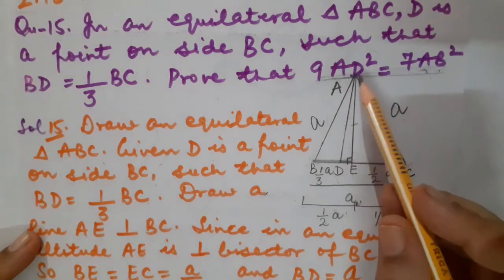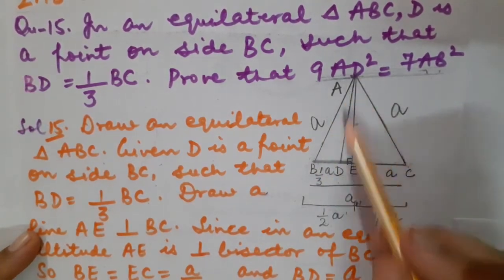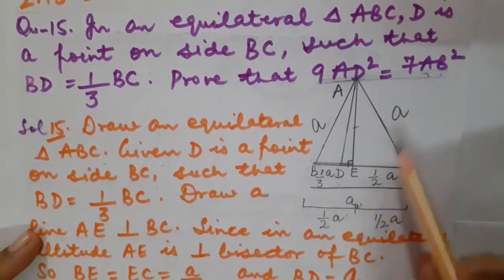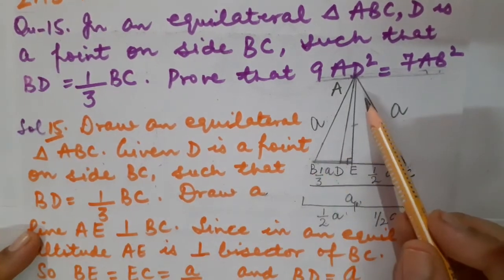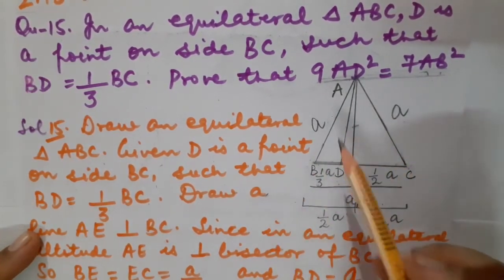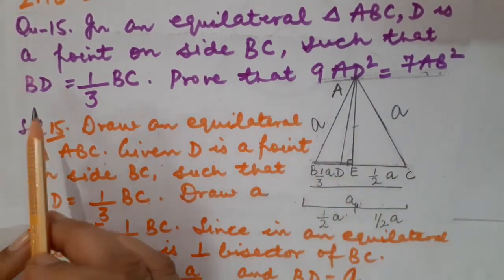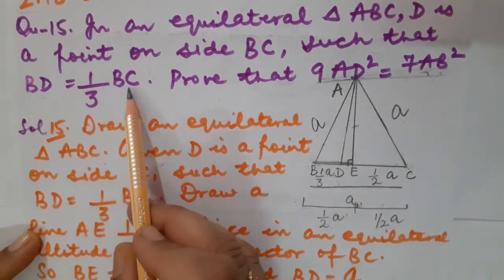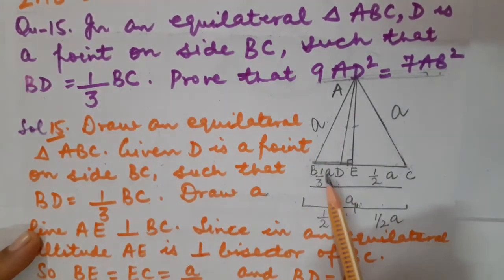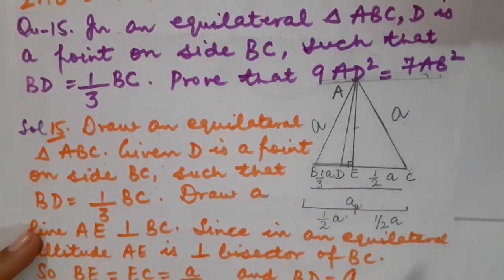As you know that this is an equilateral triangle, the length of each and every side will be equal. So let it be considered as A. Then can I say that BD is 1/3 of A? Means this will be A by 3. So now let us start solving this question.